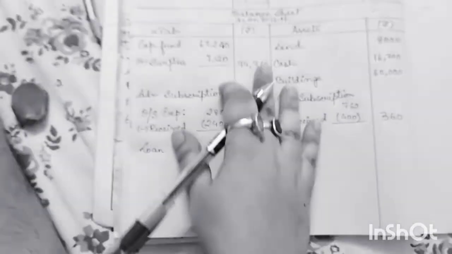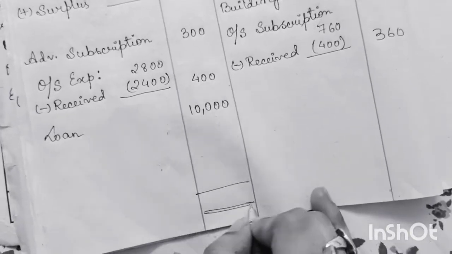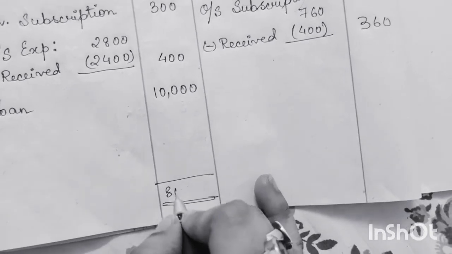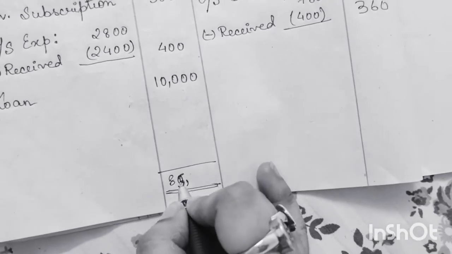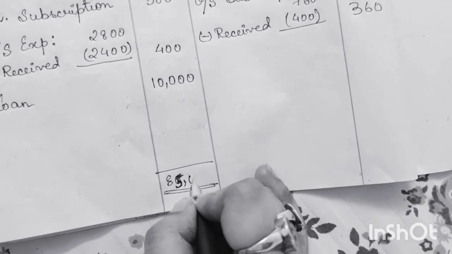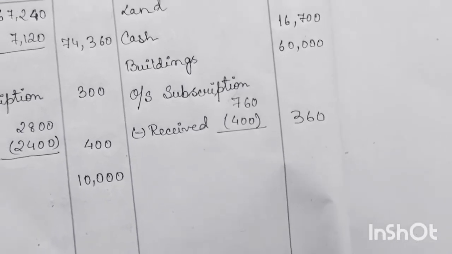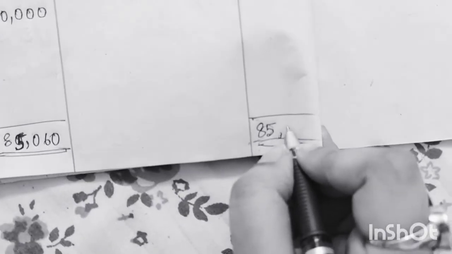Now if we total both the sides, the total of liability side is 85,060, and the total of asset side is also 85,060. So the sum is done.